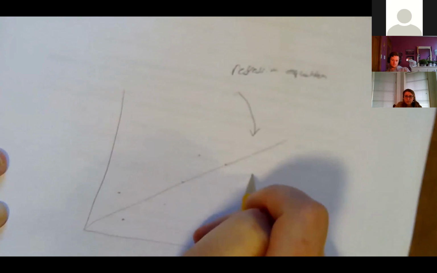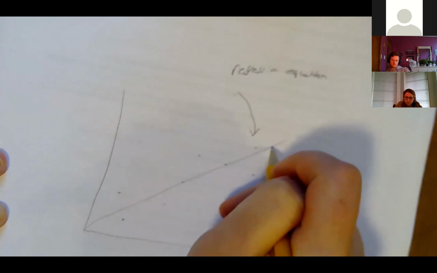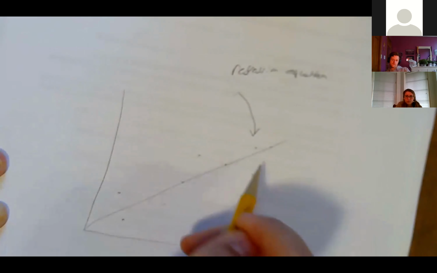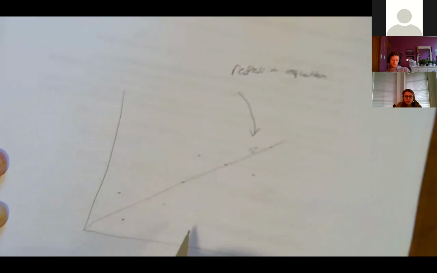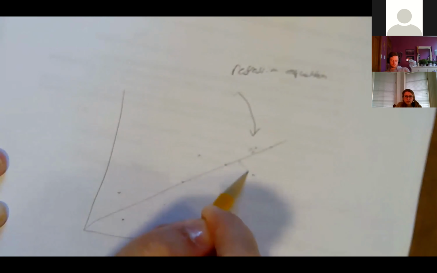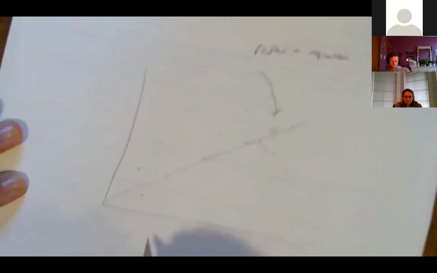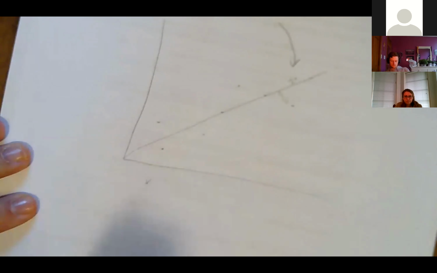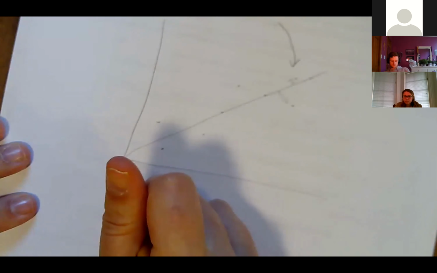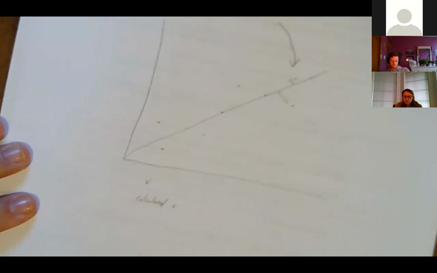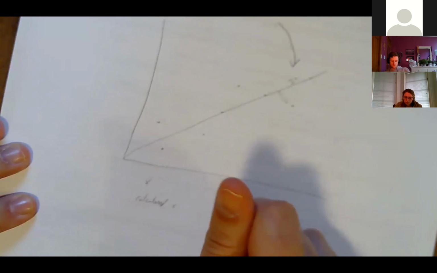Now, some of them actually fit the line. That's what the line is made of, right? So some are on the line. Some are really close to the line. Some are further away from the line, right? So you can just think that for every raw data X, I have a calculated X. Or for every raw data Y, I have a calculated Y.